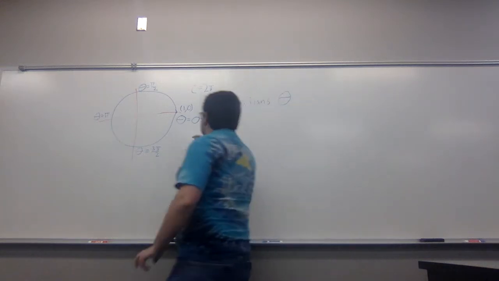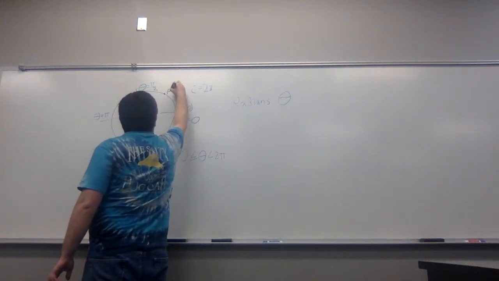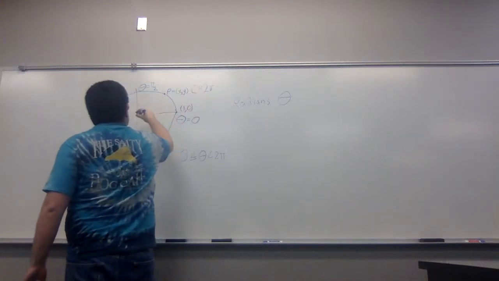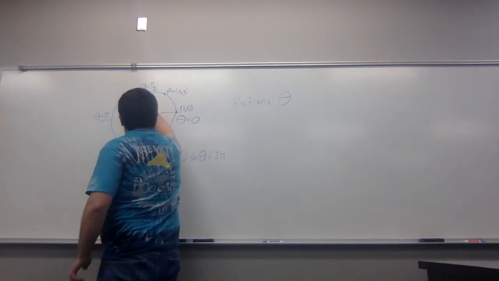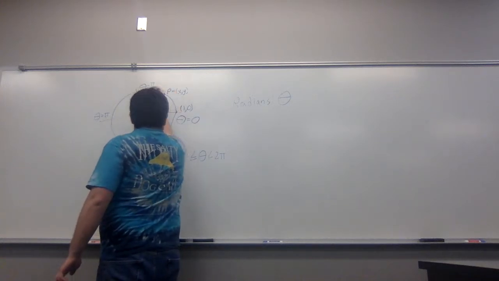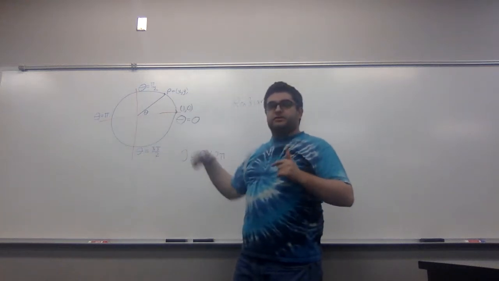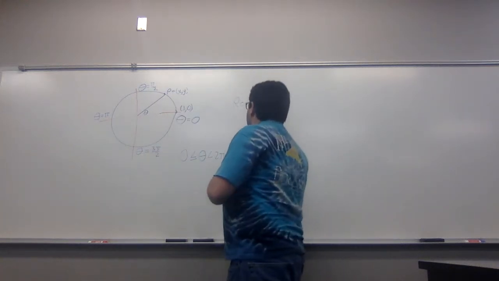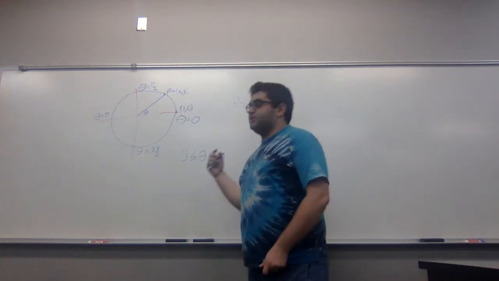Now, let's say we get some random point P on this circle, which is made up of x and y, and it's some theta distance along the circle. Now you can use this to solve trig functions.